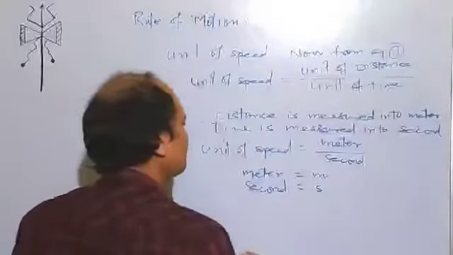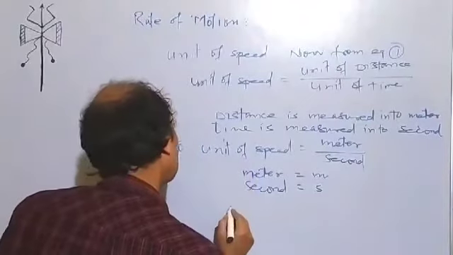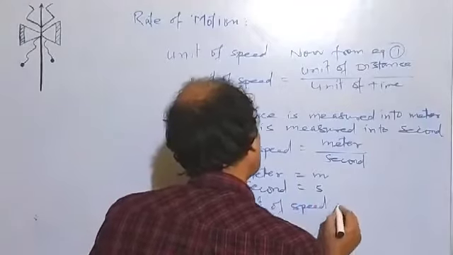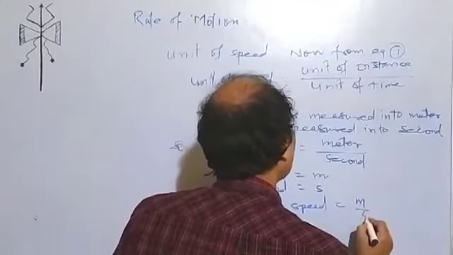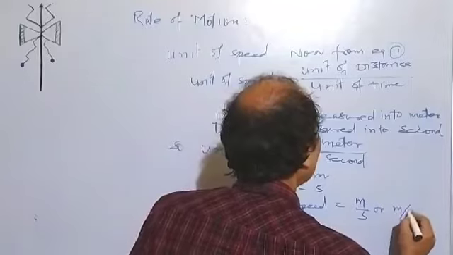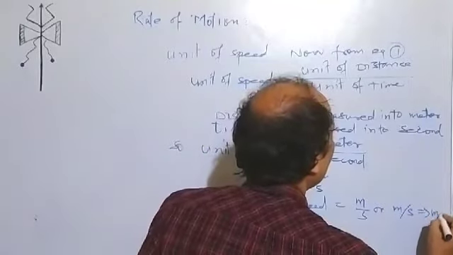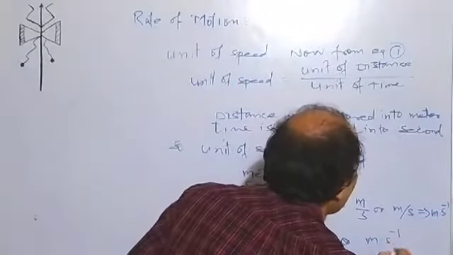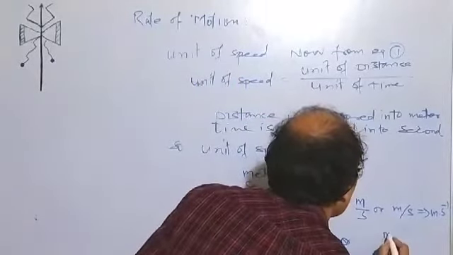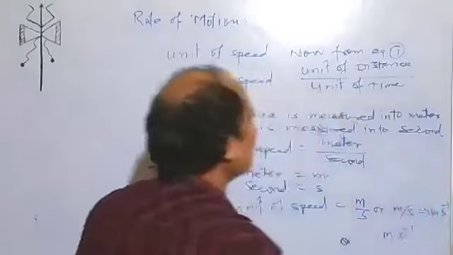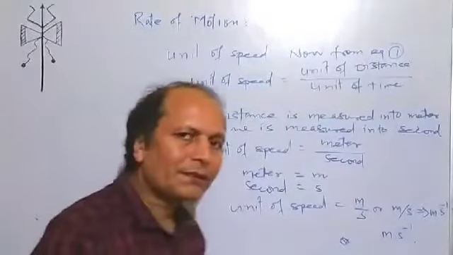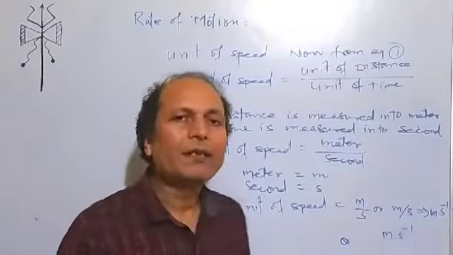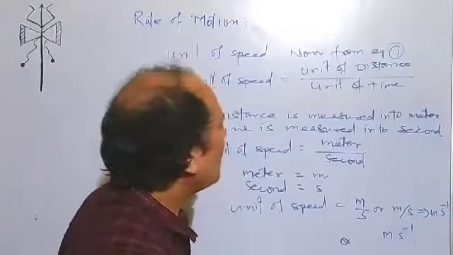So we can say that unit of speed is equal to meter upon second, or meter per second, or meter into second inverse. So unit of speed is meter per second.